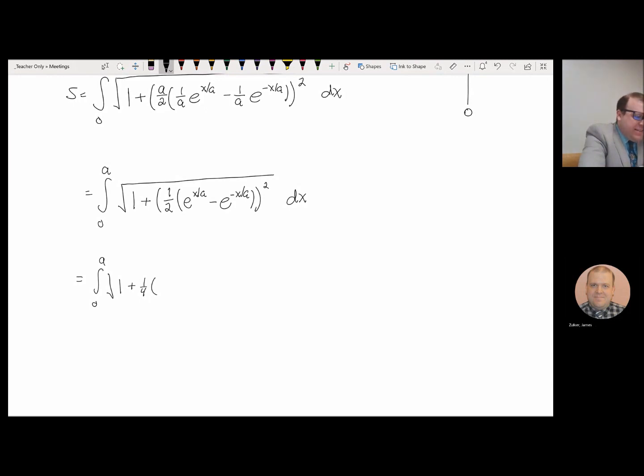Now square out e to the x over a minus e to the negative x over a. So it'll be the first term squared, e to the 2x over a, minus twice their product. What is e to the x over a times e to the negative x over a?